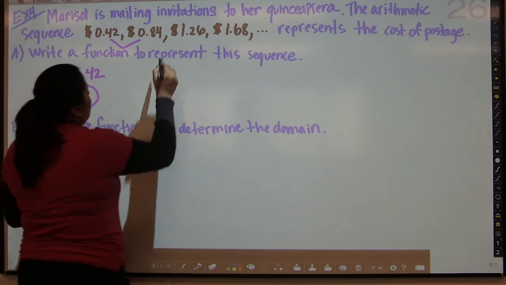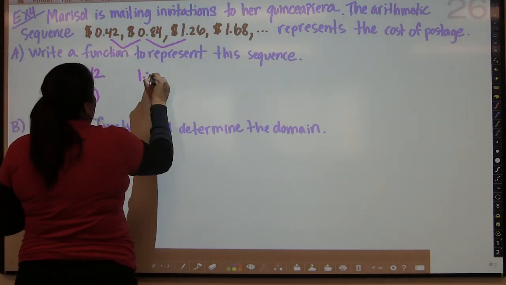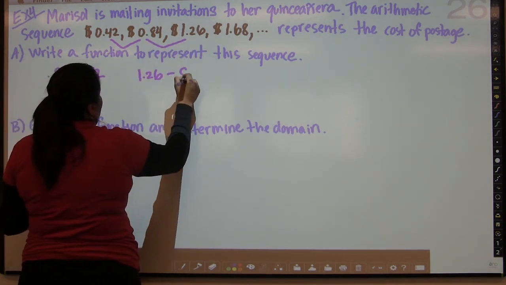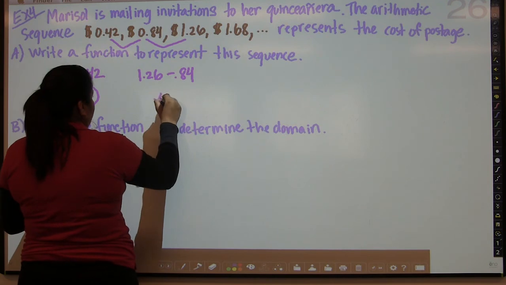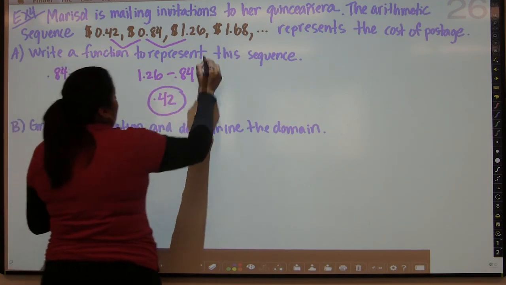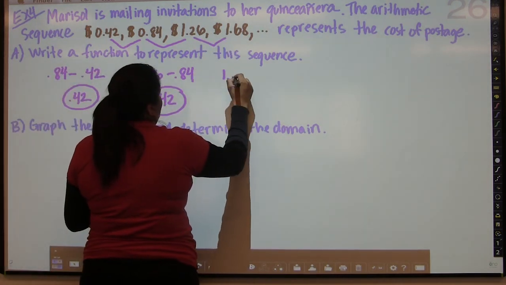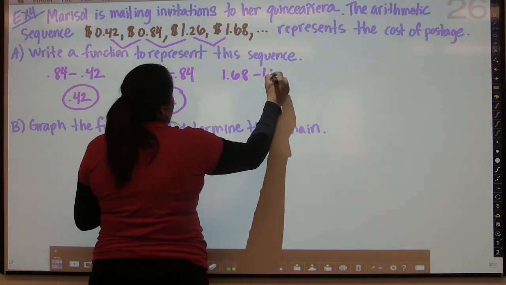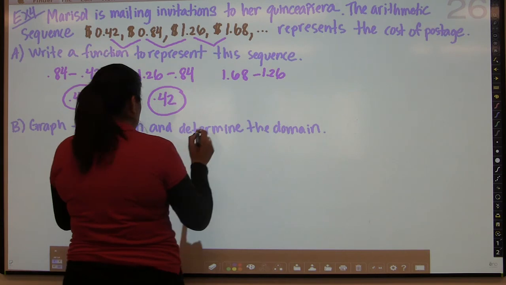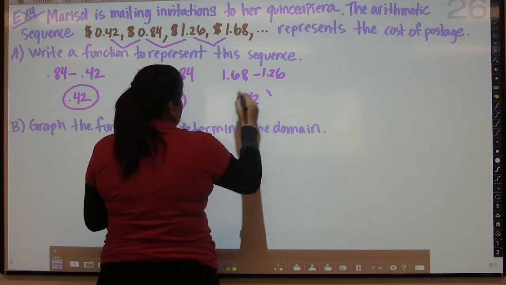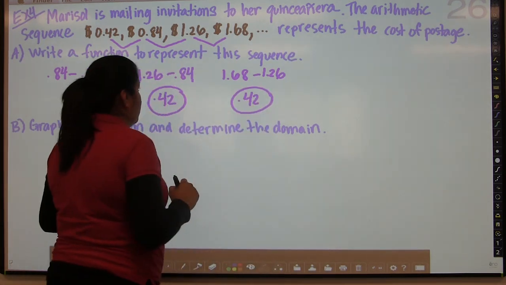Then we're going to get these two, and 1.26 minus 0.84 is 0.42. And then lastly, we're going to go 1.68 minus 1.26 and also get 0.42. So our common difference is 0.42.